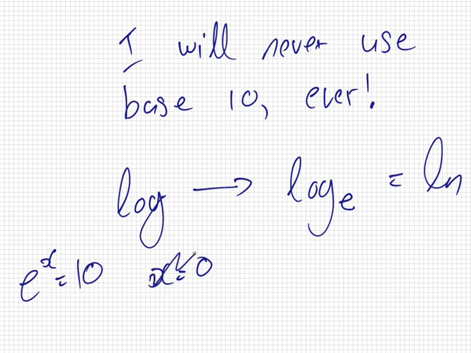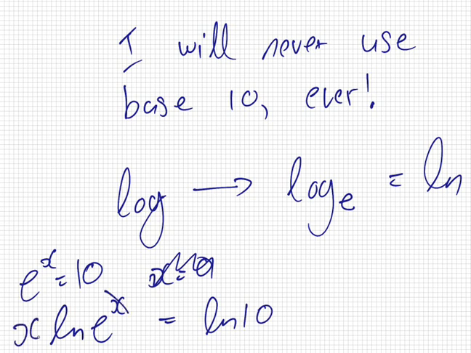So how do we take care of this? We put log on both sides. So the x comes down and you get x equals log 10 over log e. But this is really nice because log e is always 1. So the answer is just log 10.